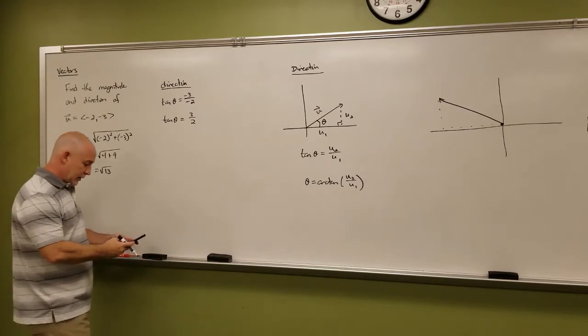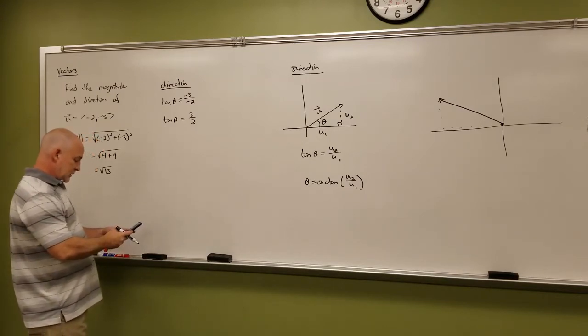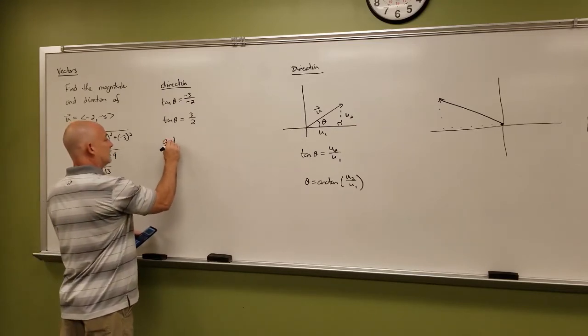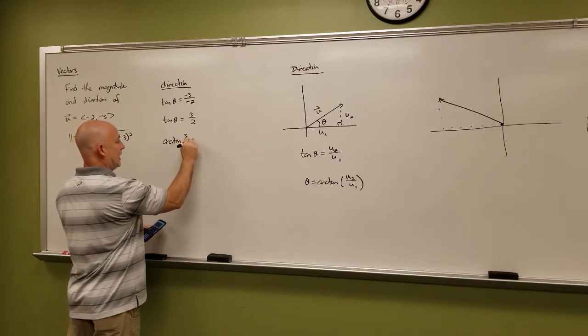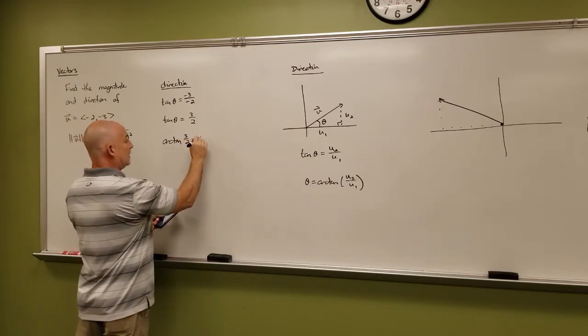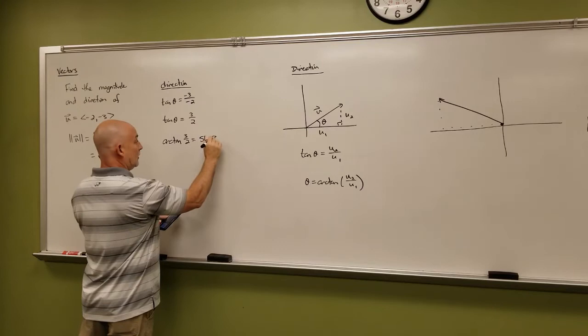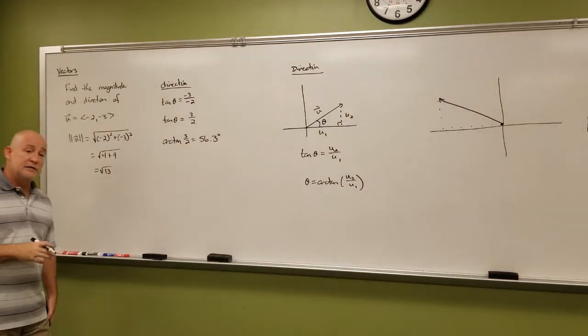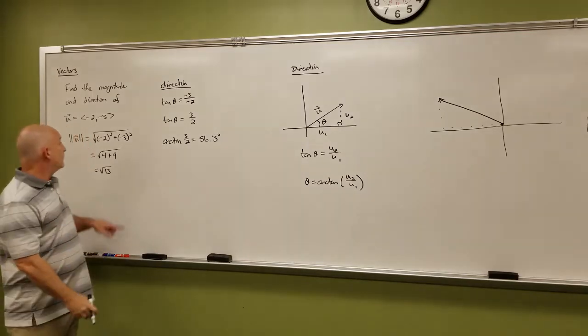I'm going to do this in degrees. So if I did the arc tangent of 3/2, it gives me about 56.3 degrees.